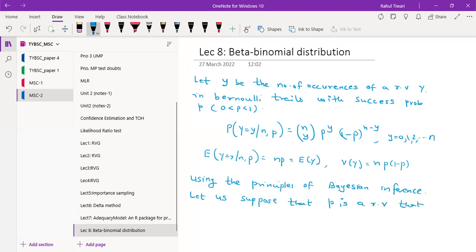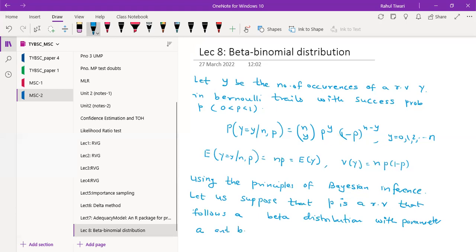And that follows a beta distribution with parameters a and b, or you can consider alpha and beta, whatever you want. You can change a and b later on.